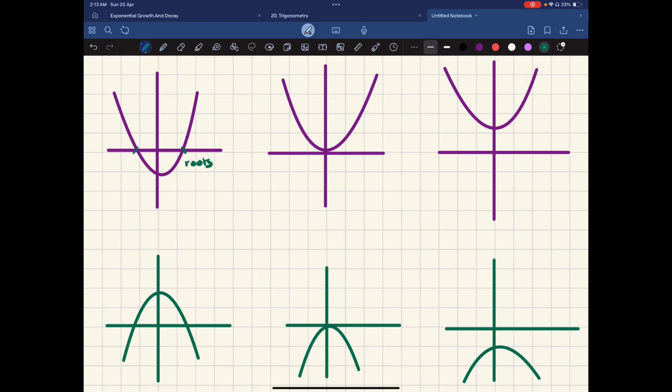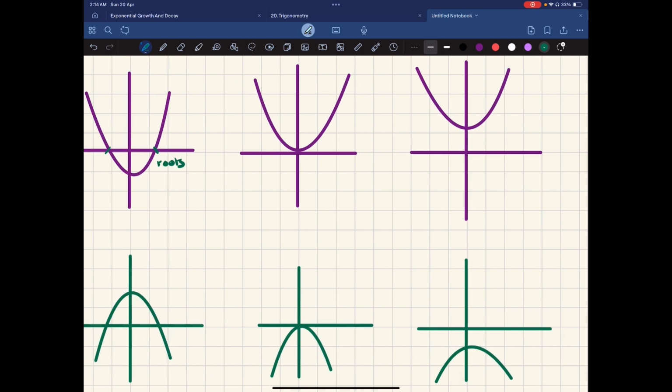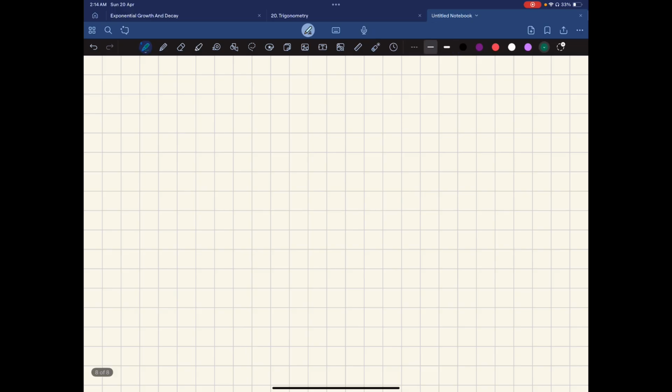Okay, let's write this down. This is important. Also keep in mind that at this point, the function is equal to 0. To find the x-intercept, we put the function equal to 0.